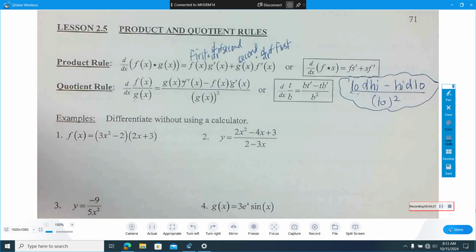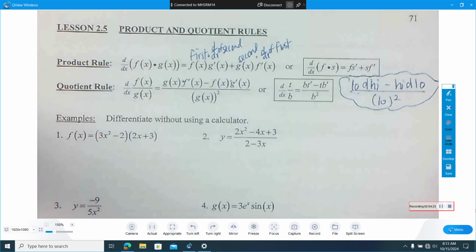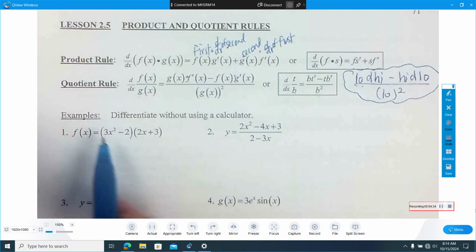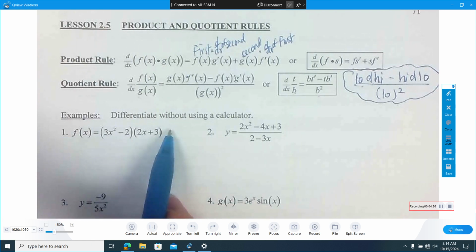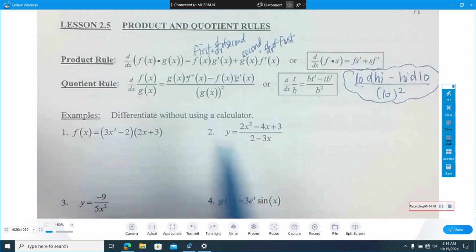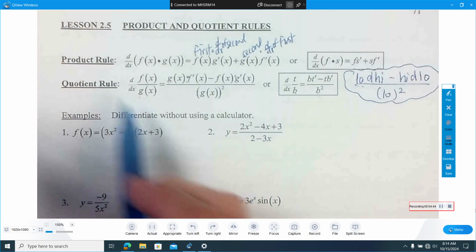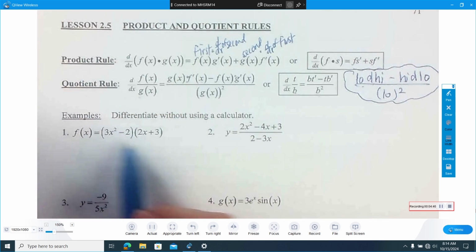And again, most of calculus is figuring out the best way, the most efficient way to do something. And so there are lots of ways that we can do things. For instance, this problem number 1 here, I actually did in 2 different ways. And that's because there's a couple of different ways we could do this. So even before we had the product rule, you have a way to do this.